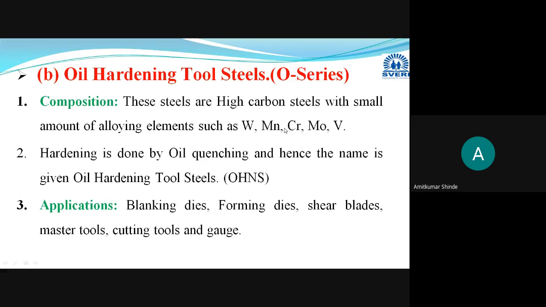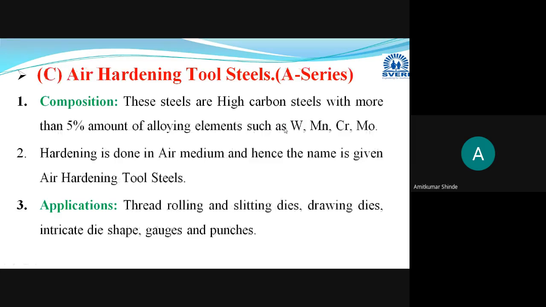And in the air hardening tool steel, high carbon steel with more than 5% of alloying elements, that is tungsten, manganese, chromium, molybdenum, together more than 5%.